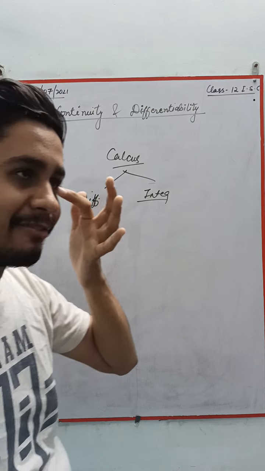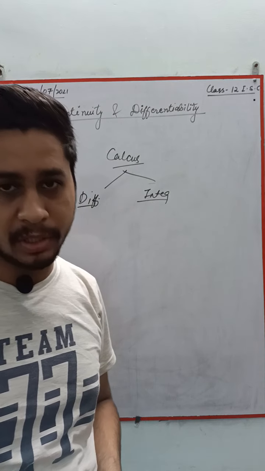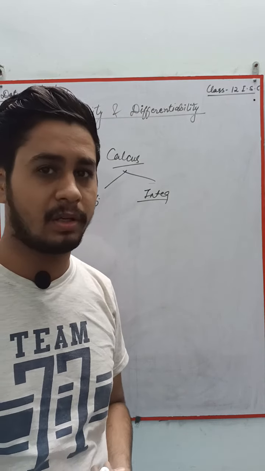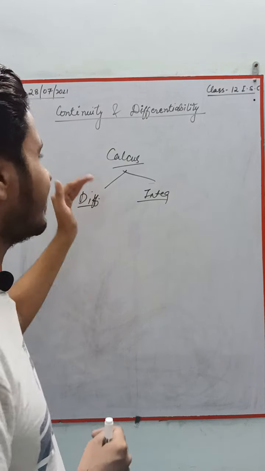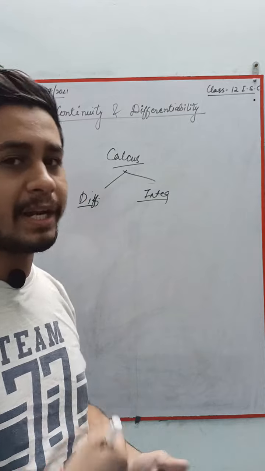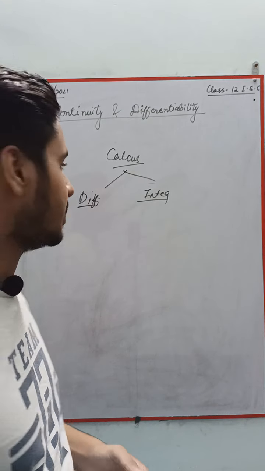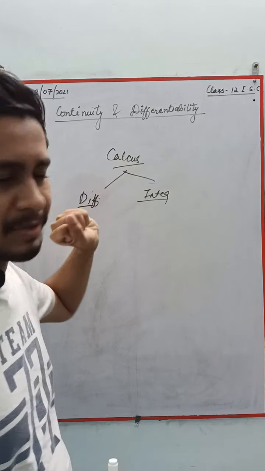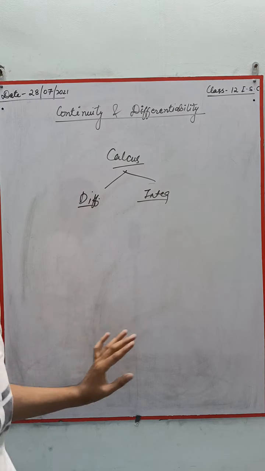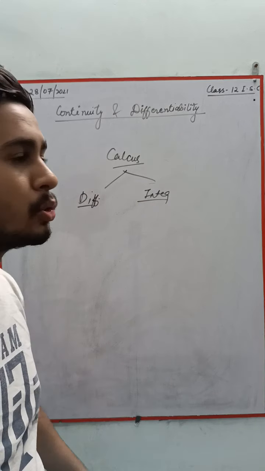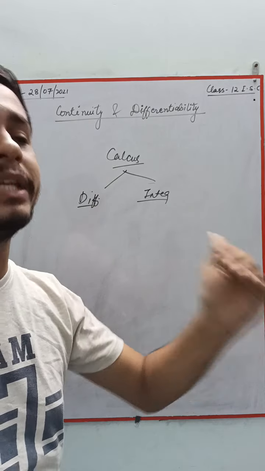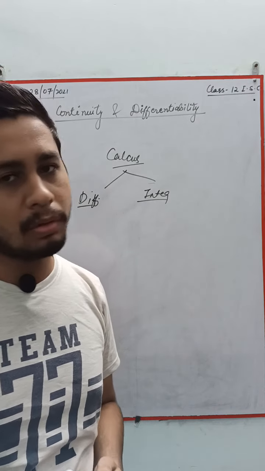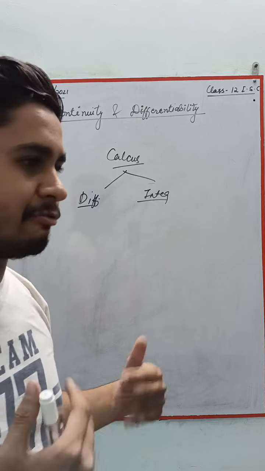Or we can say, when do we call a function a continuous function? Why we call these things so, we will see. First of all, I'll draw some graphs so as to give you a simple sense of what continuity means.